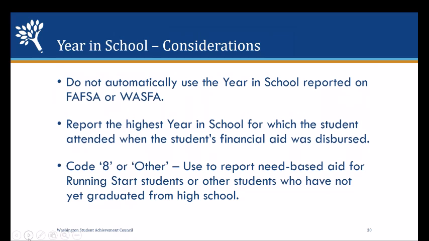Do not automatically use the year in school reported on the FAFSA or WASFA. Use the term year in school that your institution is reporting. Report the highest year in school for which the student attended when the student's financial aid was dispersed. Code 8 or other is the code that is used to report need-based aid for your Running Start students or other students who have not yet graduated from high school.